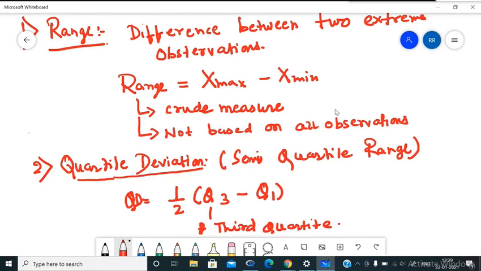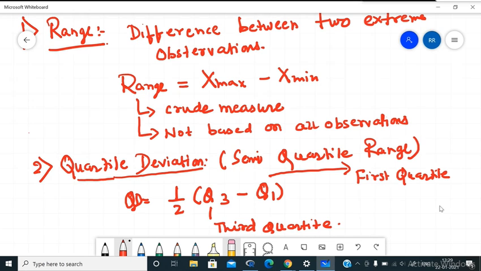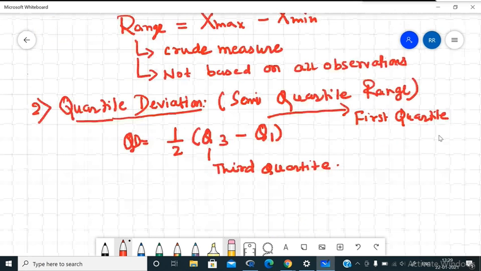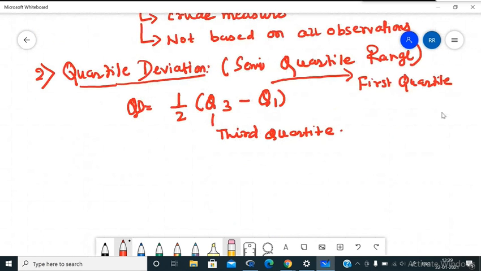We have already discussed the third quartile and first quartile in previous classes. The second quartile is nothing but the median, so there is no use of the second quartile in defining quartile deviation.